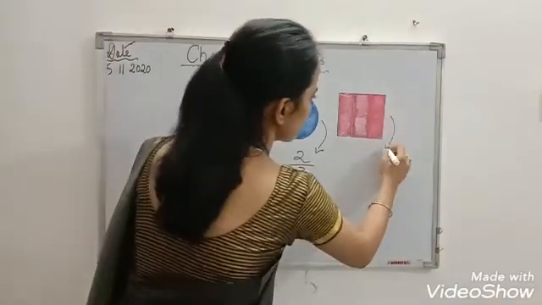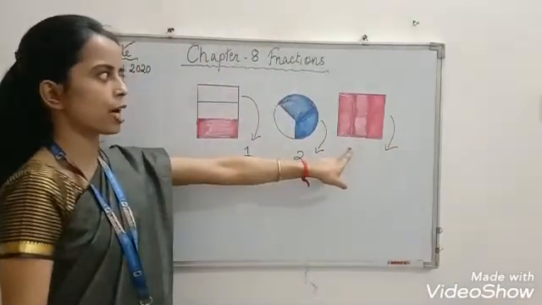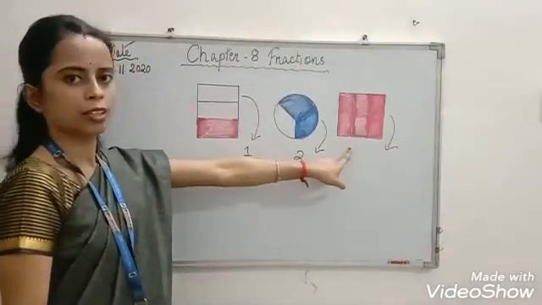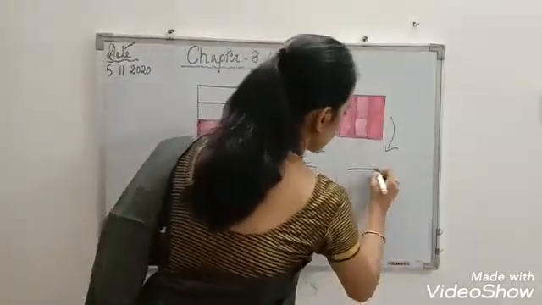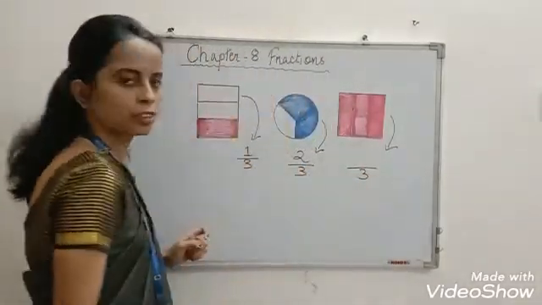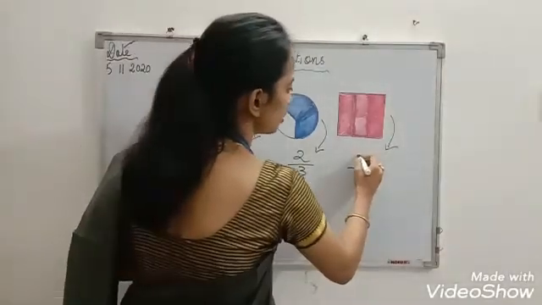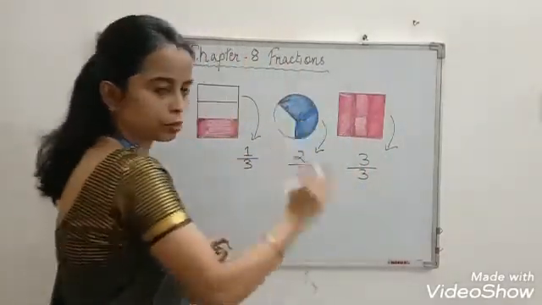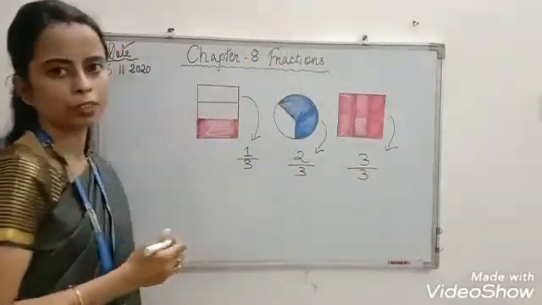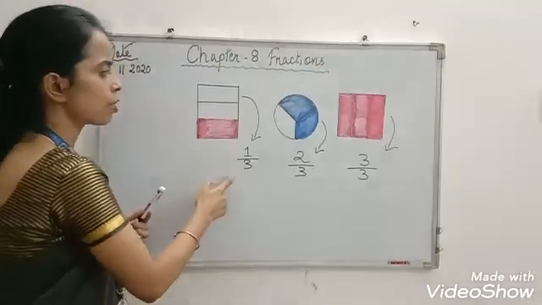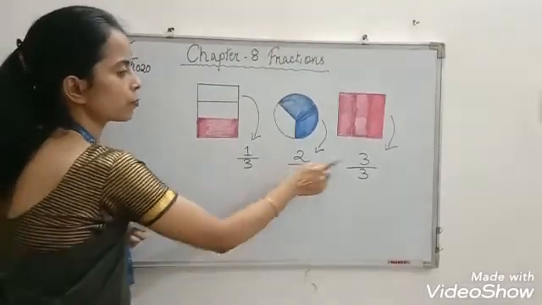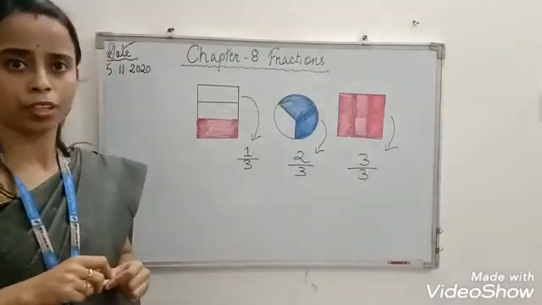Next, square. That's divided into the same 3 equal parts. How many parts are colored? 3. 3 out of 3 parts are colored. So the fractions are 1 by 3, 2 by 3, 3 by 3.